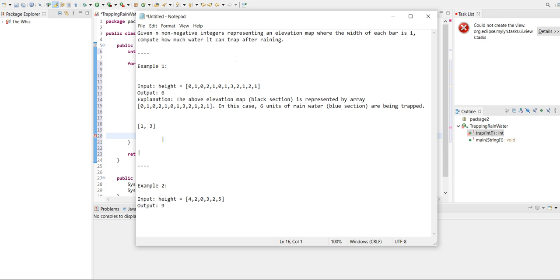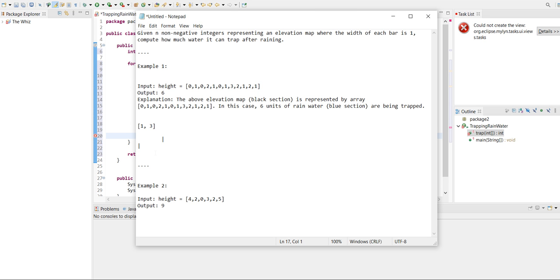But we also need to consider the current position. So let's say we're at this 1 over here, so we have 2 as the max here and 3 as the max here, so that'd be the water here.